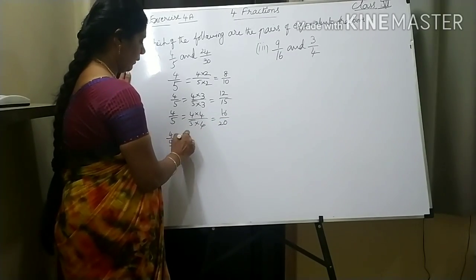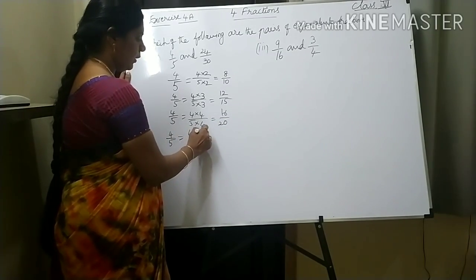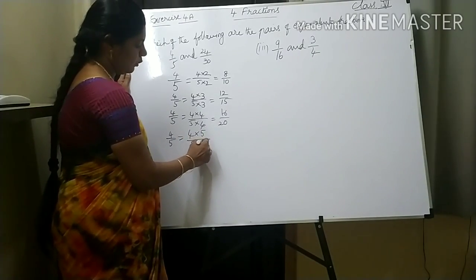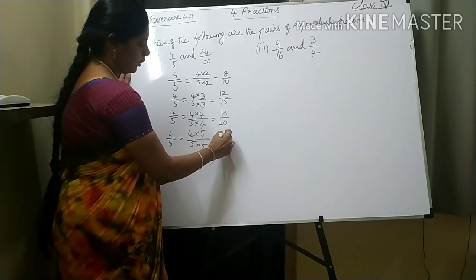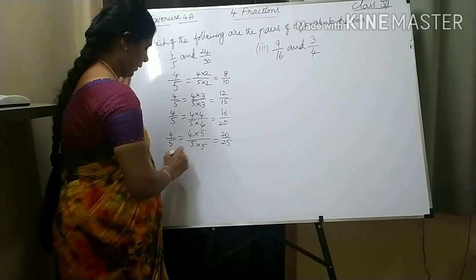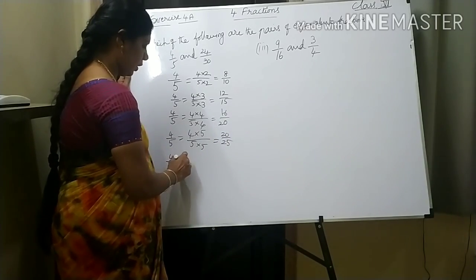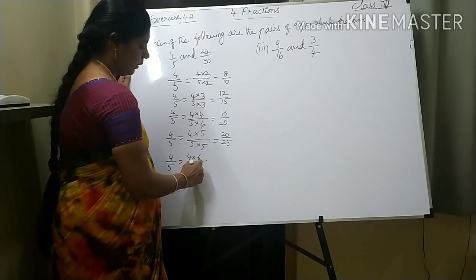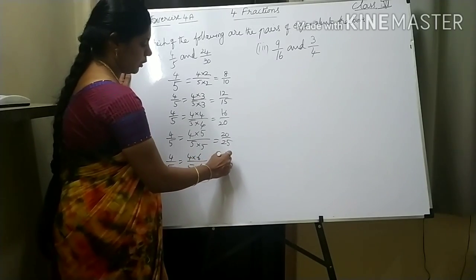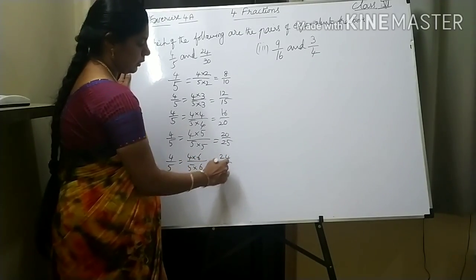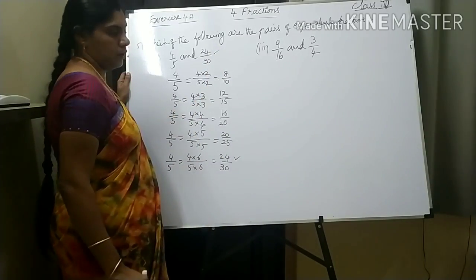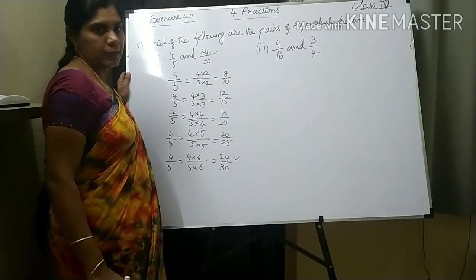Again with the next number, 5: 4 into 5, 5 into 5, that is 20 by 25. Again with the next number, 6: 4 into 6, 5 into 6. What you get here? 24 by 30. So here you got the given fraction, 24 by 30.